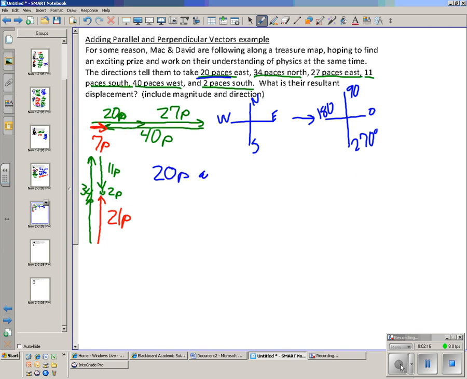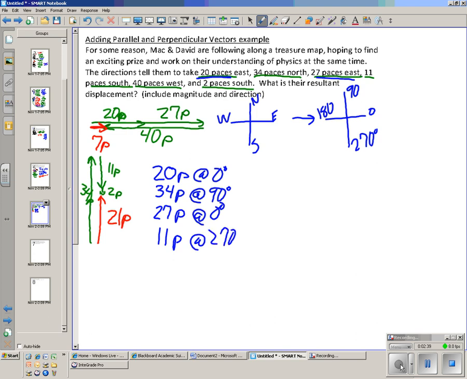20 paces at 0 degrees, 34 paces at 90 degrees, 27 paces at 0 degrees, 11 paces at 270 degrees, that one would be the south, 40 paces at 180 degrees, the west, and then finally 2 paces at 270 degrees.